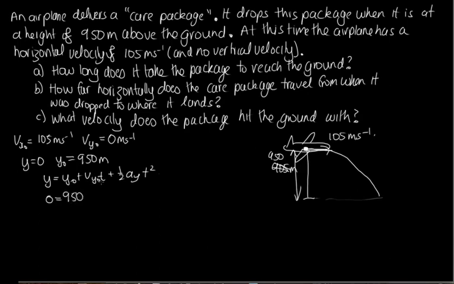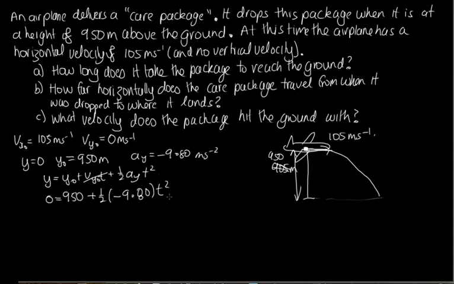Vy naught is 0, it has no initial velocity, so that term is 0, we can ignore it, plus a half. Now the acceleration in the y direction is equal to minus 9.80 meters per second squared as it accelerates with little g towards the Earth. And that's times t squared.